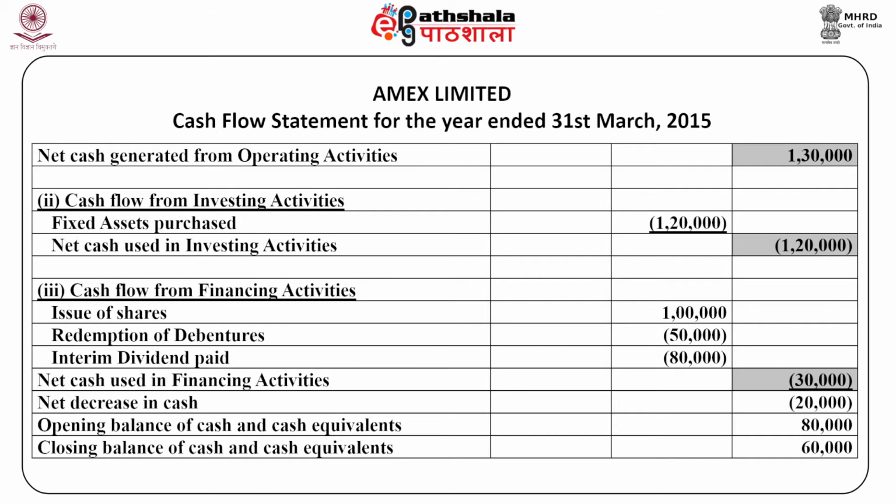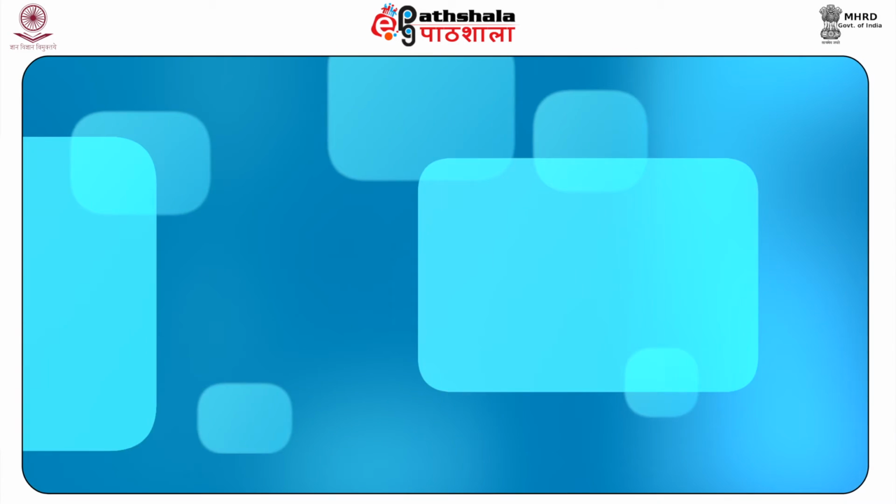Redemption of debentures 50,000. Interim dividend paid 80,000. Net cash used in financing activities comes to 30,000. Net decrease in cash is 20,000. Opening balance of cash and cash equivalent is 80,000, and closing balance is 60,000. So you see the two are tallied.